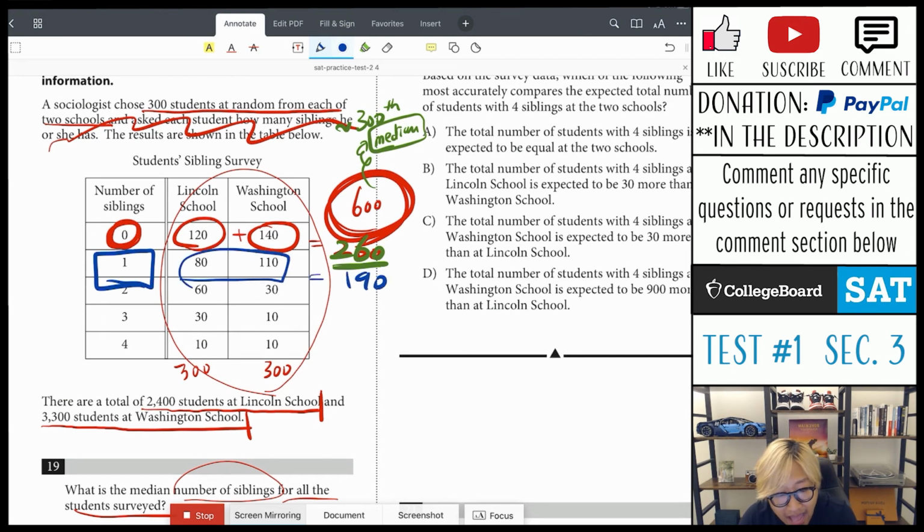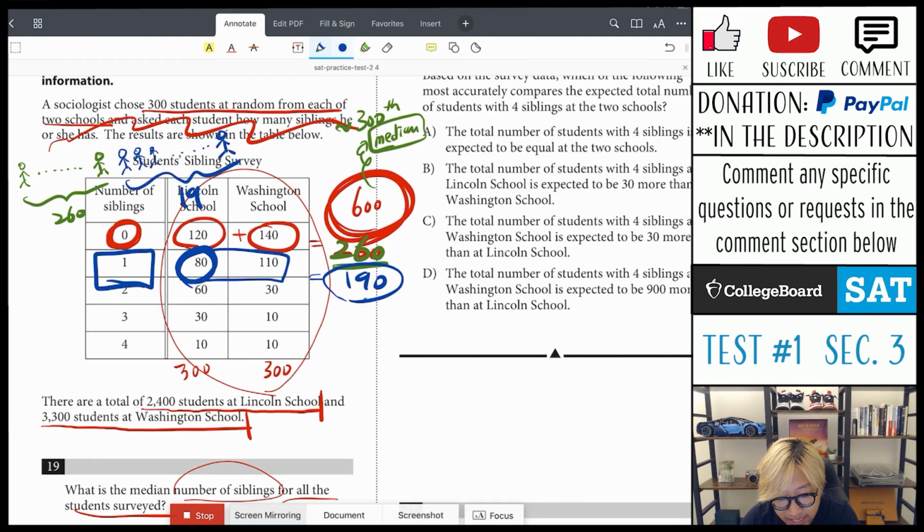Check this out. After 260, imagine everybody lined up, and then the last one, this is 260. Another 190 right here, all the way till the last guy.